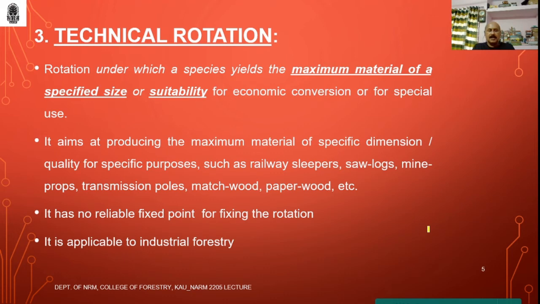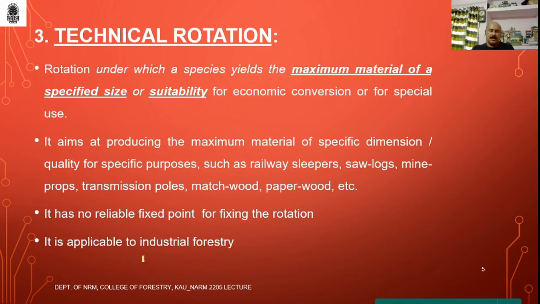It aims at producing the maximum material of specific dimension, quality, or specific purposes such as railway sleepers, saw logs, mine props, transmission poles, matchwood, paperwood, etc. Depending on your requirement, you fix the technical rotation. As soon as the crop achieves that particular criterion, you go for harvesting, and that is known as technical rotation.